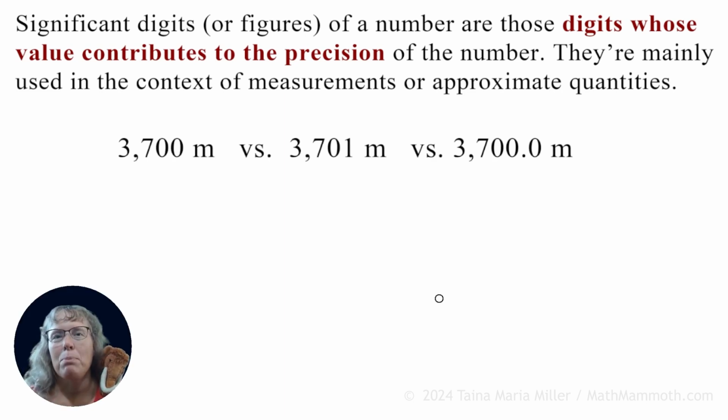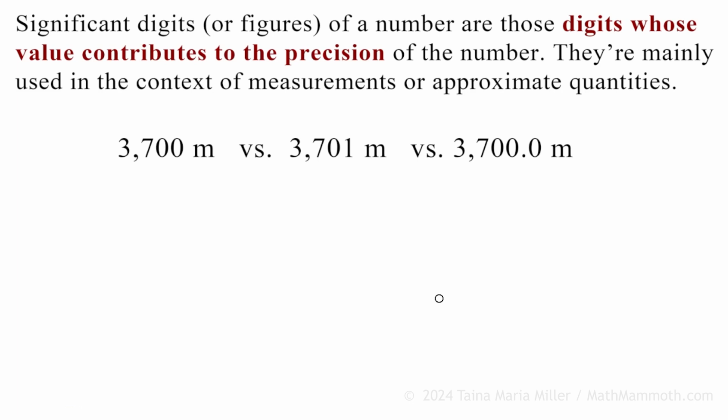So here's an example. Let's say that you have a measurement, 3,700 meters. What's that? How long is it? Well, I don't know. It might be something that you might run, if you go running, jogging, you might run 3,700 meters, 3.7 kilometers. But what if it was 3,701 meters or 3,700.0 meters?